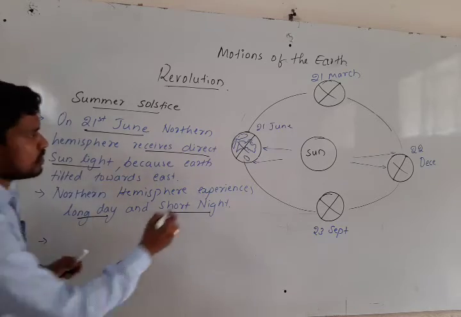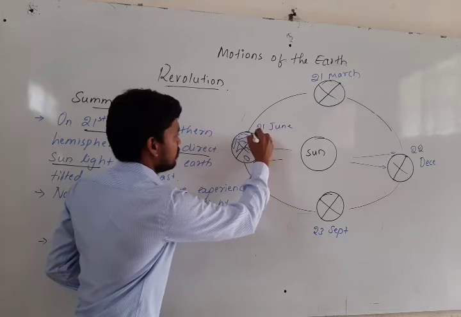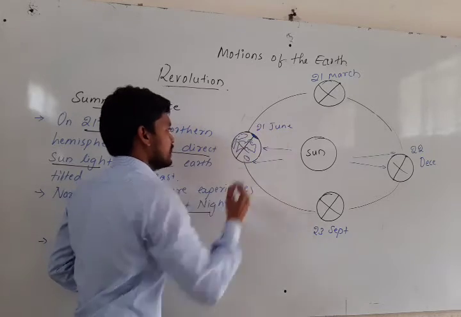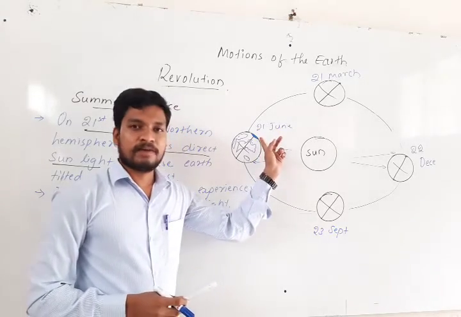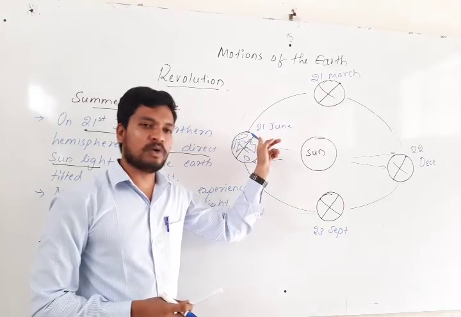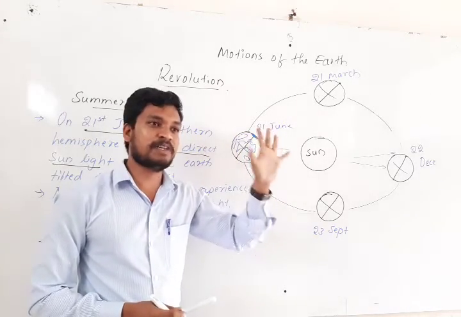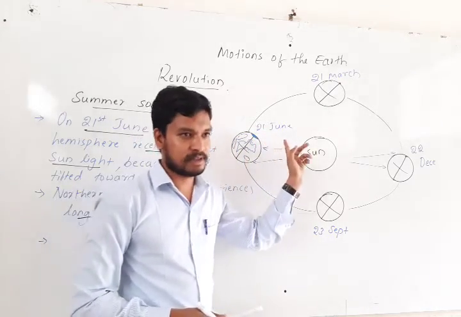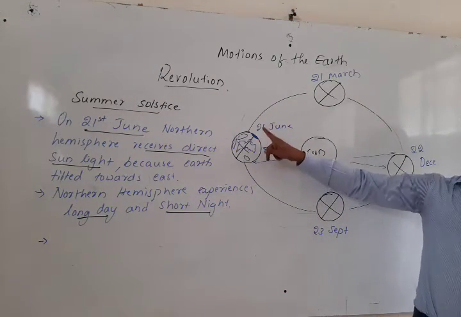Then here the northern pole is completely exposed to the sun. So for 6 months the northern pole receives direct sunlight and experiences day; they don't have night for 6 months.